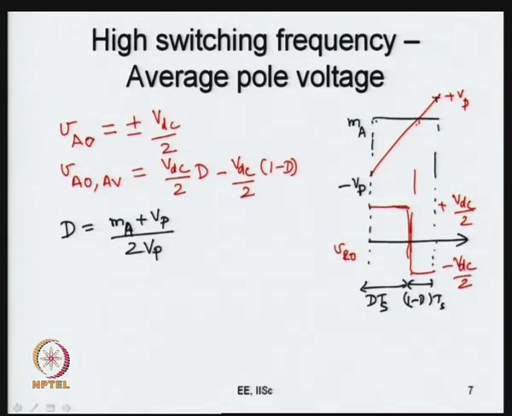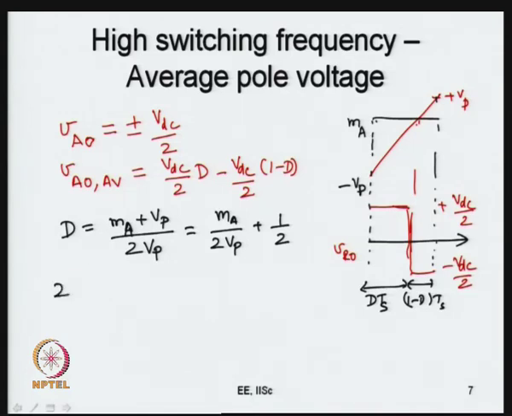This is the time for which the top device is on. Let us just simplify this expression, or just split it up. This becomes plus half. So, this is how duty ratio is related to the modulating signal value and Vp, the peak of the carrier. If we take the peak of the carrier to be 1, you can simply call it MA by 2 plus half now.